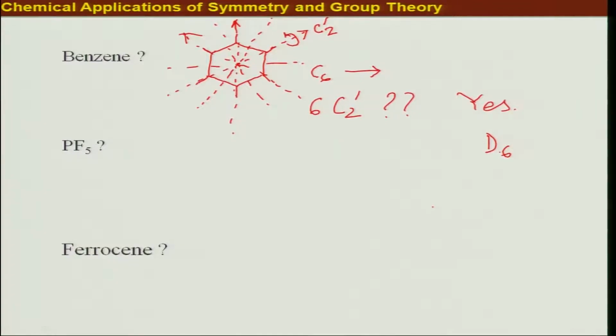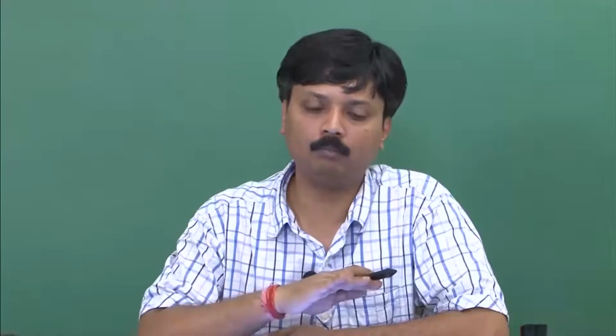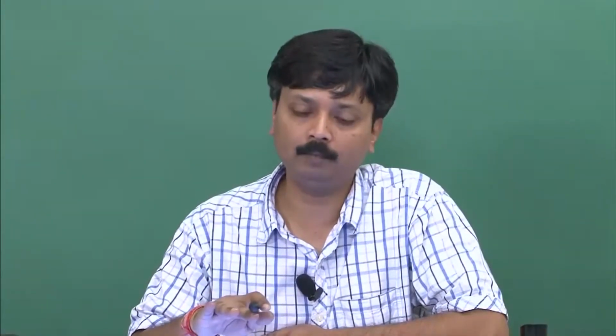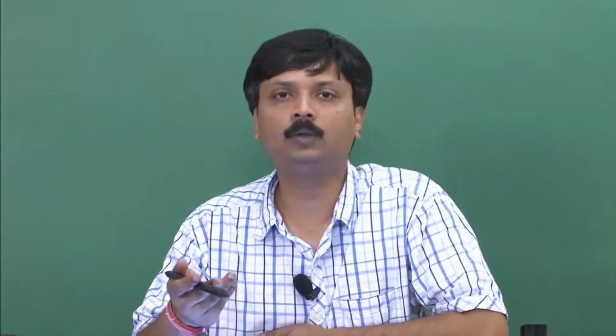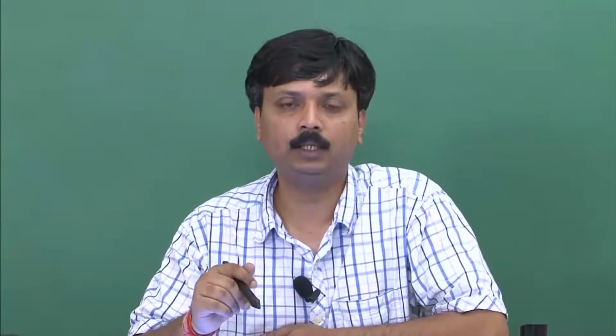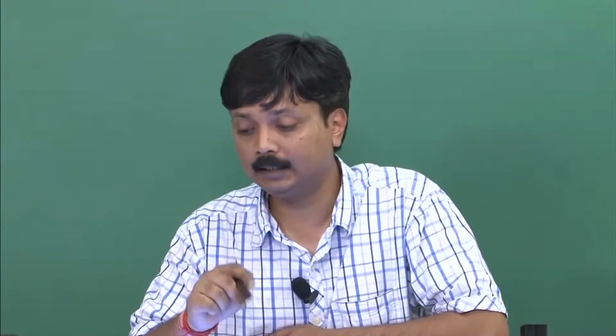Let's figure that out. Now the following question will be, is there a sigma H? And the answer is pretty obvious because this molecule is planar, and your principal axis of symmetry is perpendicular to that molecular plane. The molecular plane for a planar molecule always hosts a plane of symmetry. This plane of symmetry is perpendicular to the principal axis of symmetry C6.